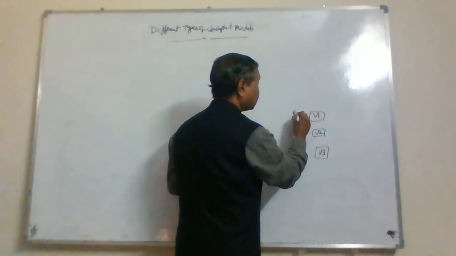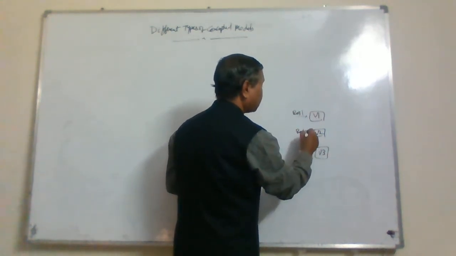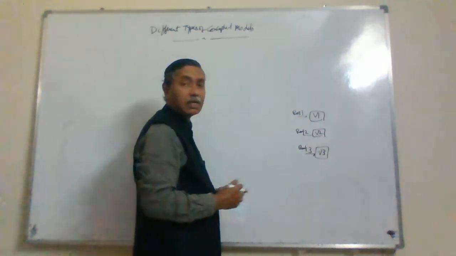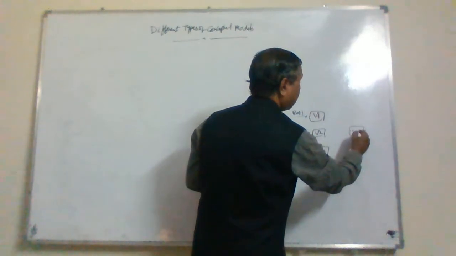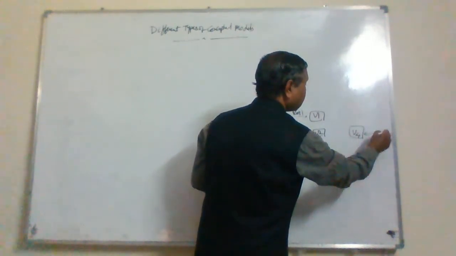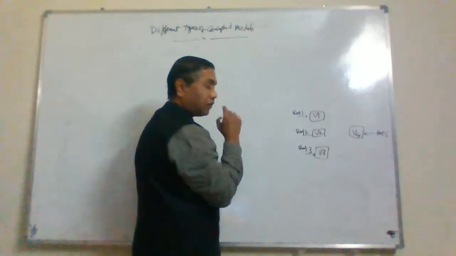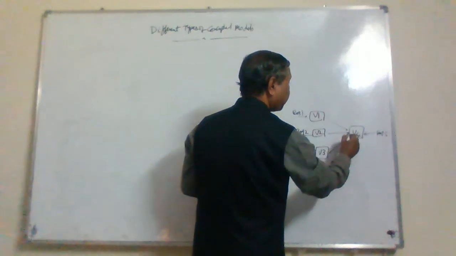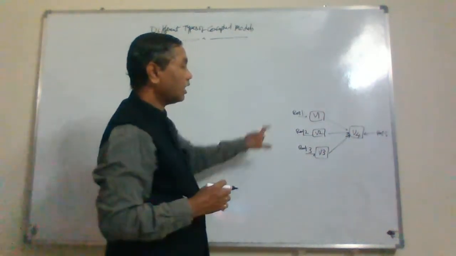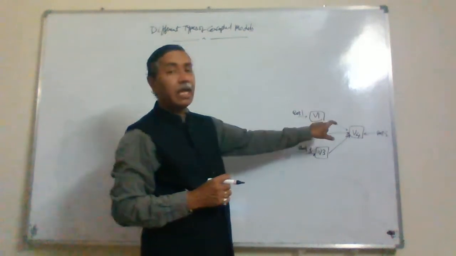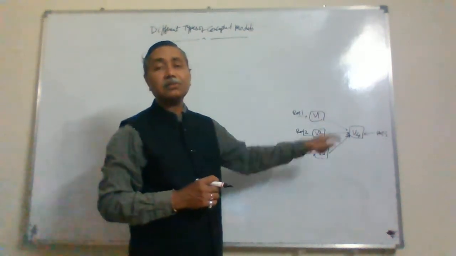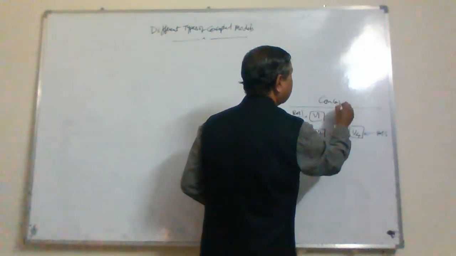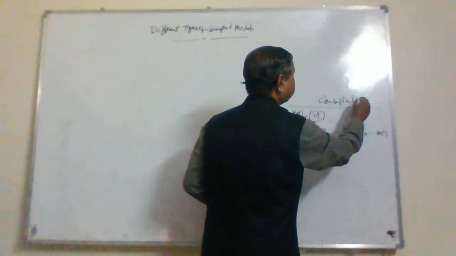This may be from reference 1, this from reference 2, this from reference 3, three different articles, and one more variable V4, which may be from reference 4 or reference 5. Using the literature you have gathered and the literature gap, you define the relationships between the variables. This is nothing but the conceptual model.